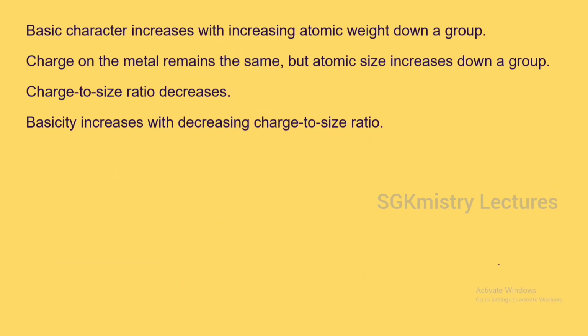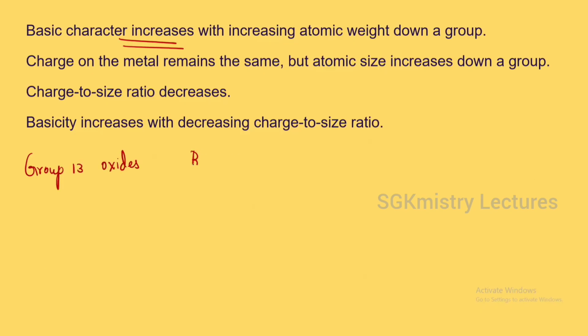Now, talking about how the basic character changes. It increases with the increase in the atomic weight along a particular group in the periodic table. As you move down the group, we know that atomic weight increases, because of which the basic character goes on increasing. So let us look into the group 13 oxides.